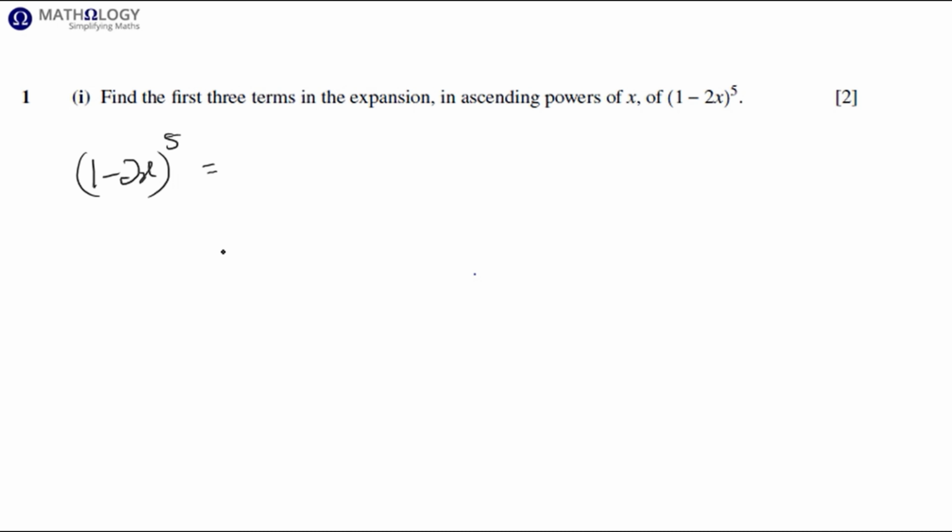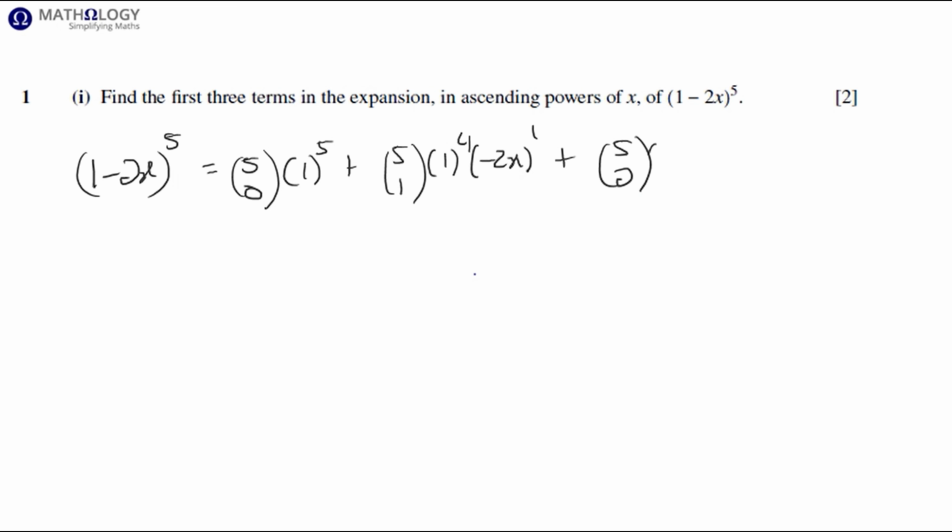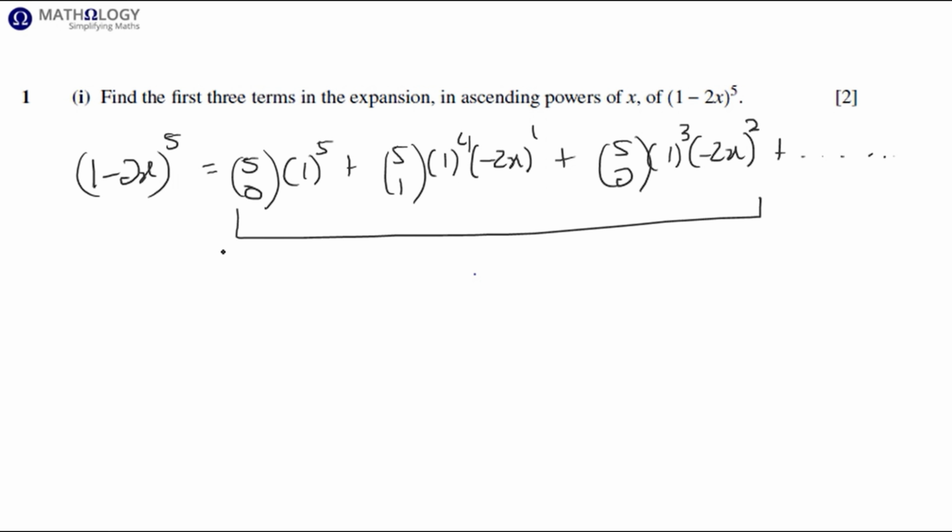So the first three terms will be 5 choose 0 times 1 to the 5, plus 5 choose 1 times 1 to the 4 times minus 2x, plus 5 choose 2 times 1 to the power of 3 times (minus 2x) squared. Okay, we could continue expanding this out, but we're not going to. We just require the first three terms.